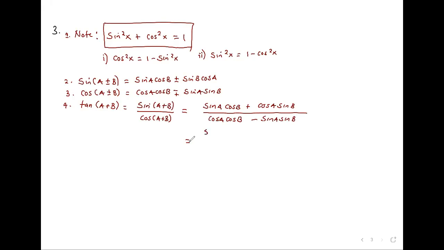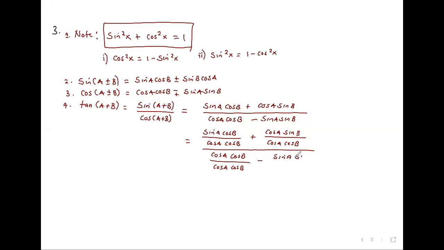This can also be written in the form where you decide to leave everything in terms of tan by dividing every entry by cos A cos B. We divide every piece of this by cos A cos B, both in the numerator and the denominator, over cos A cos B. Then you will notice that this one is giving us tan.